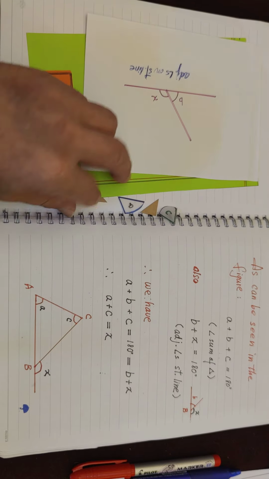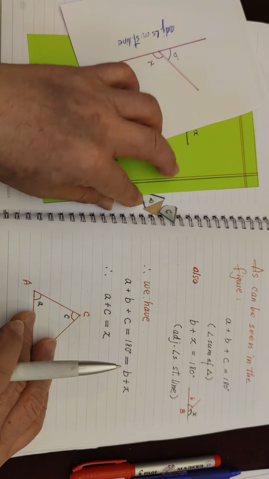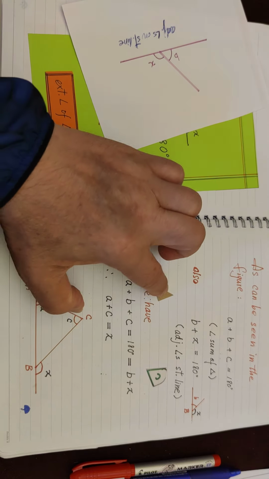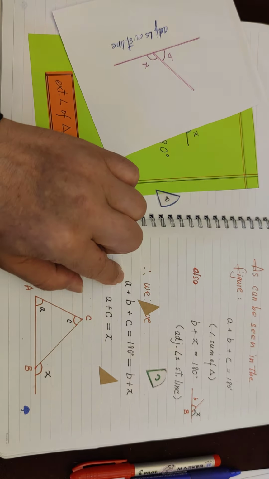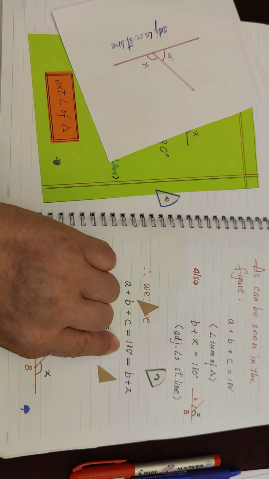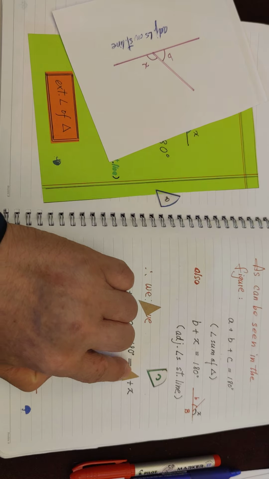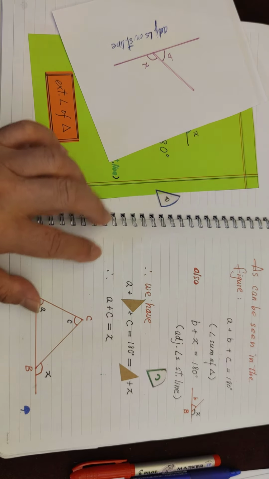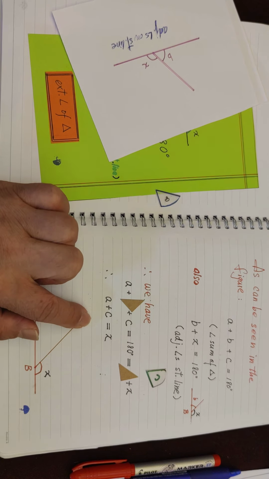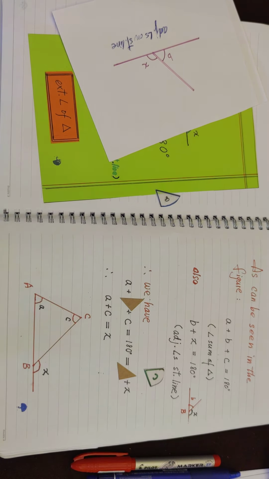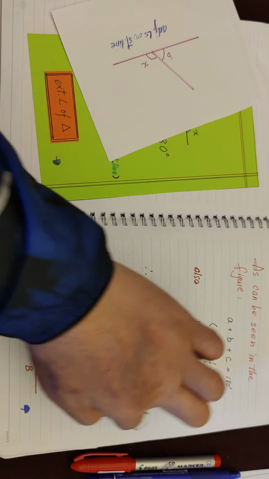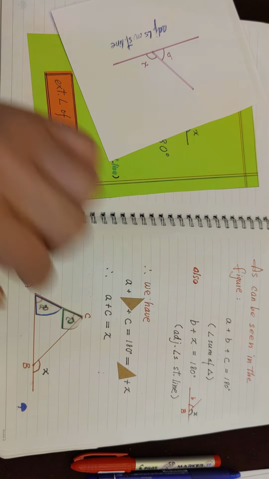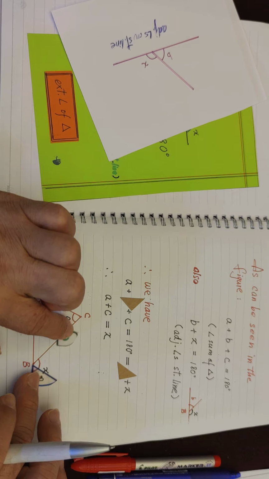Therefore, by taking away B on both sides of the equation, here, if we cover this up, A plus B plus C equals 180 degrees and equals B plus X. So if we cover up B on both sides of the equation, we have A plus C is equal to X. That means the sum of these two interior angles, A and C, will combine here.